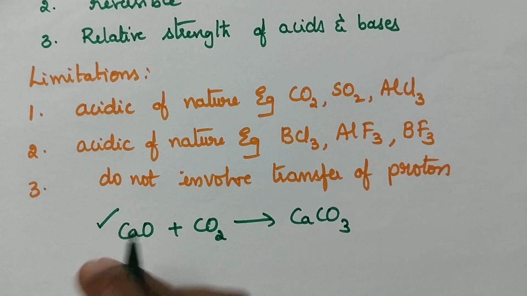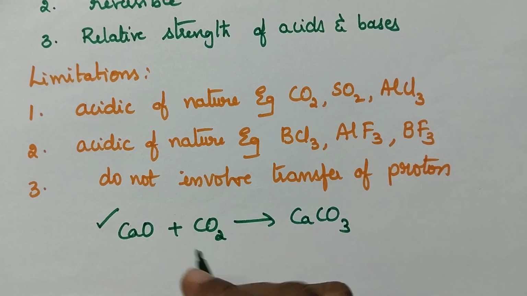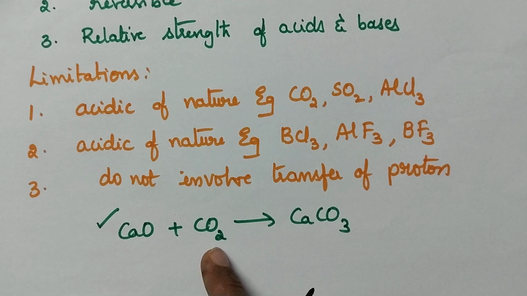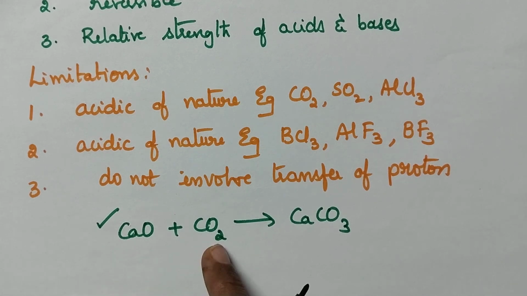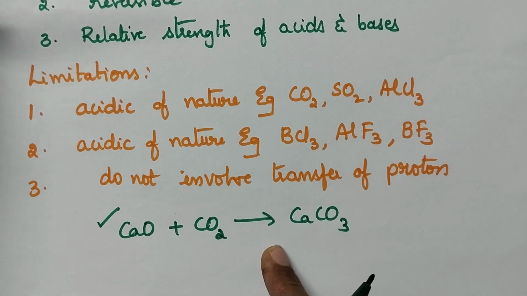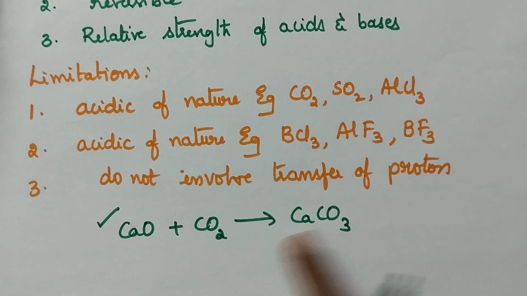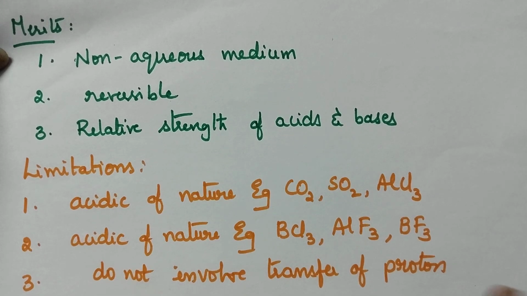It is a good example of a neutralization reaction, but according to Bronsted, a proton should be transferred from an acid to a base. Here no proton transfer takes place. Still it is a good example of a neutralization reaction. So this is about the Bronsted theory of acids and bases along with the merits and limitations.